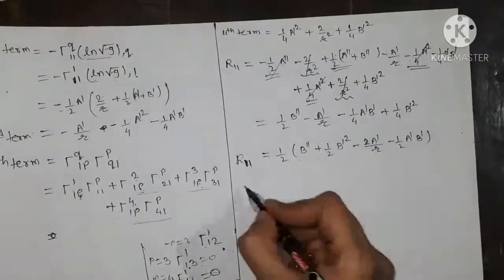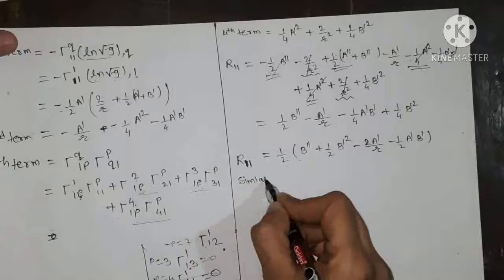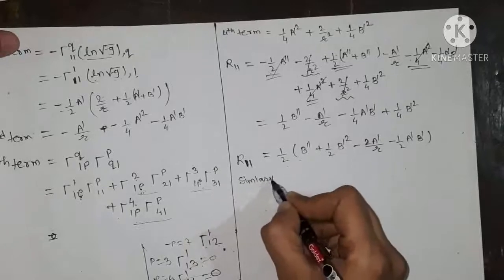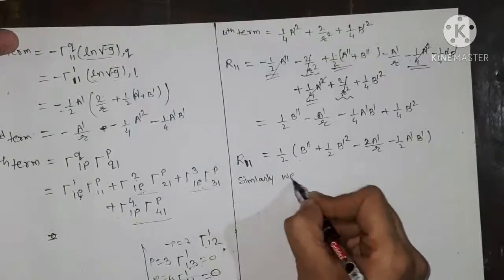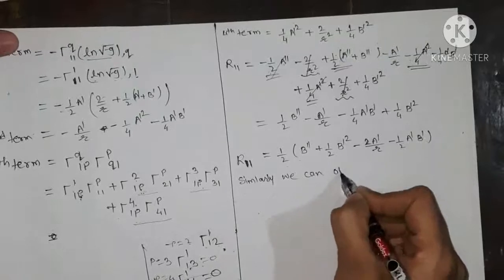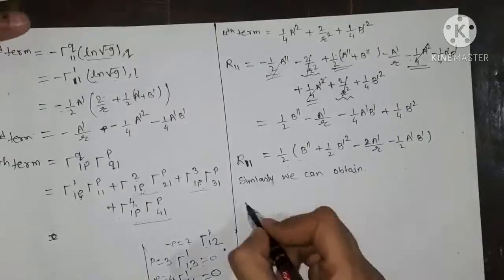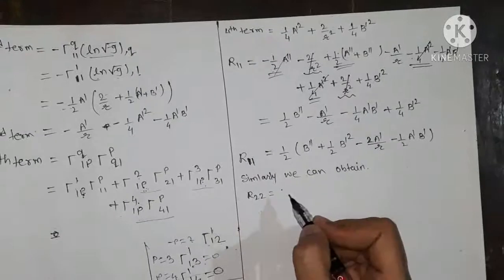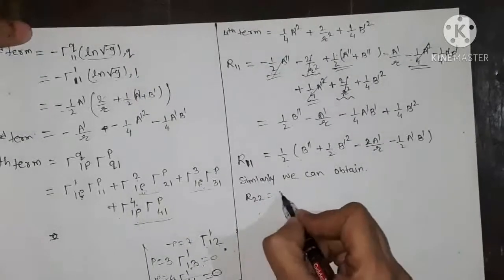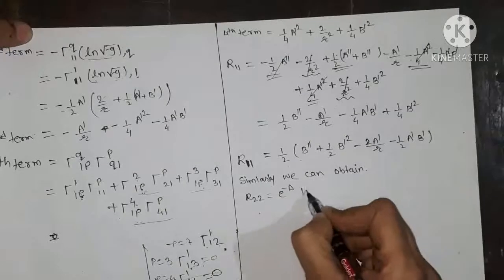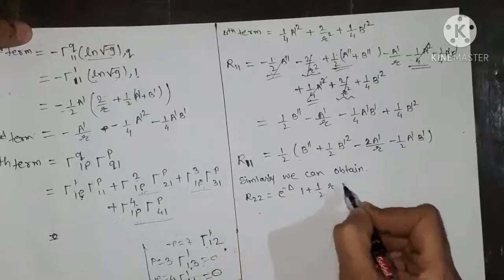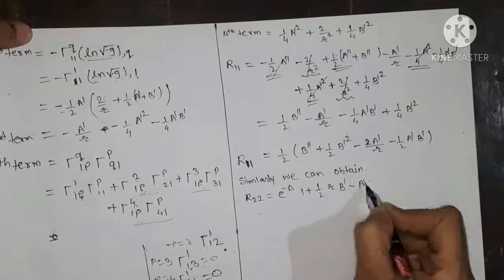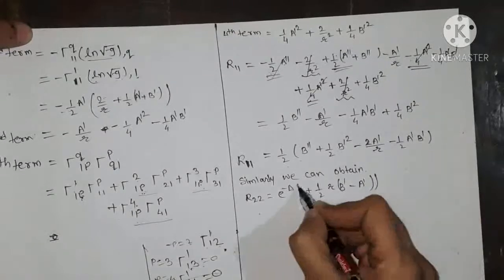Now similarly we can obtain R22, which is equal to e to the power minus a times 1 plus 1 upon 2 r times b dash minus a dash, minus 1.